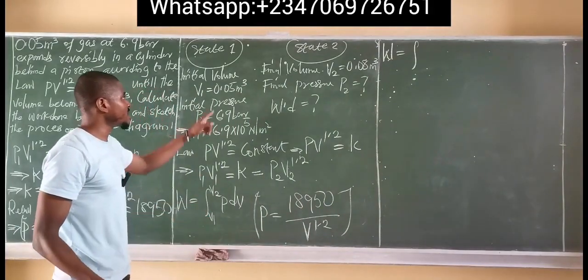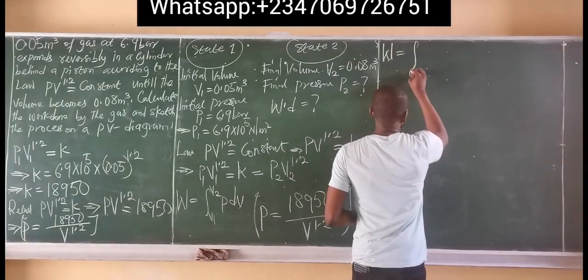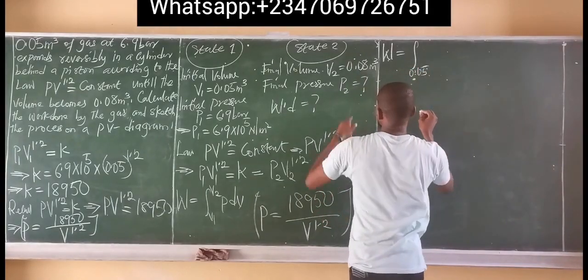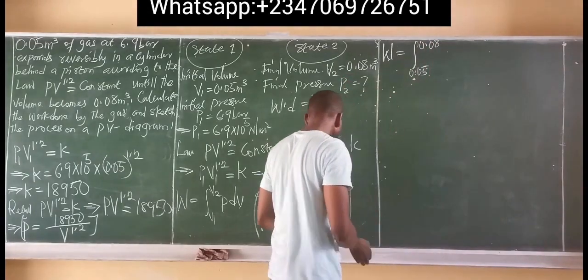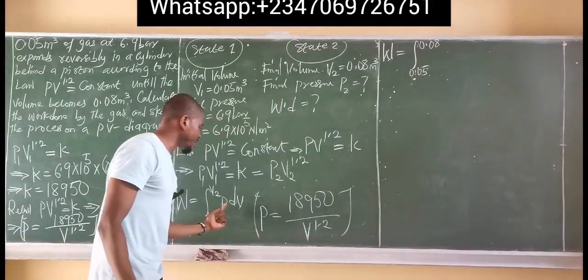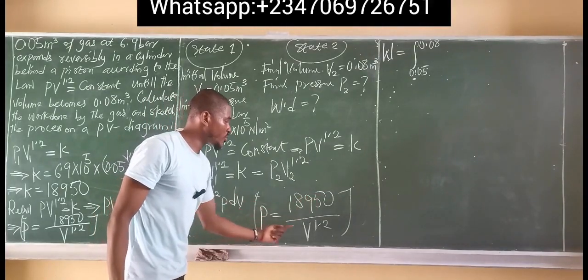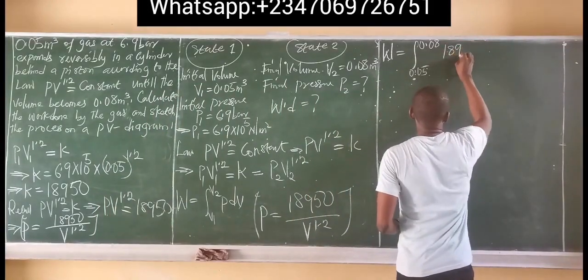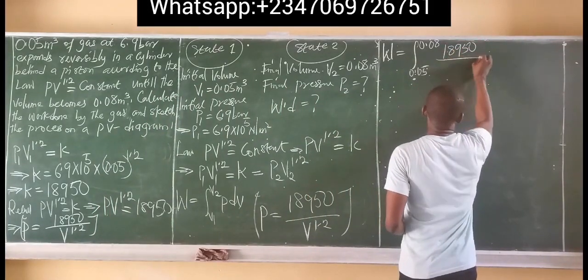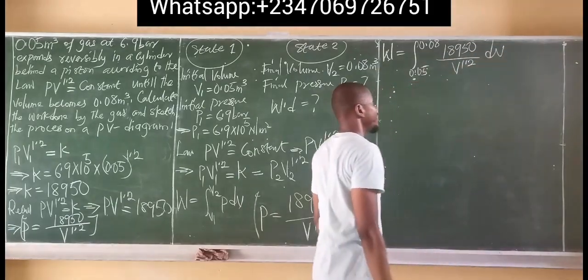V1 is the initial volume, 0.05, and V2 is 0.08. Then we have pressure times change in volume, and this is our pressure, 18950 all over V to the power of 1.2, times dV.